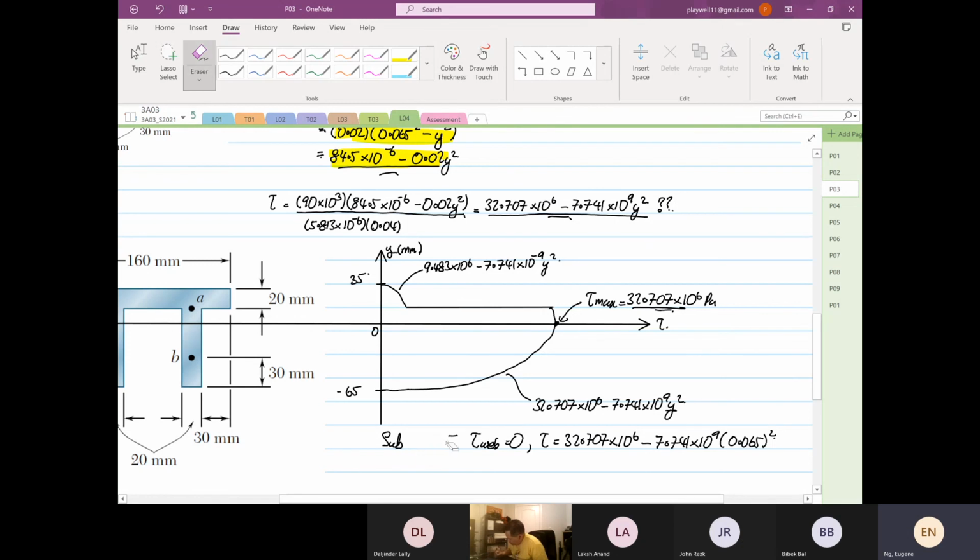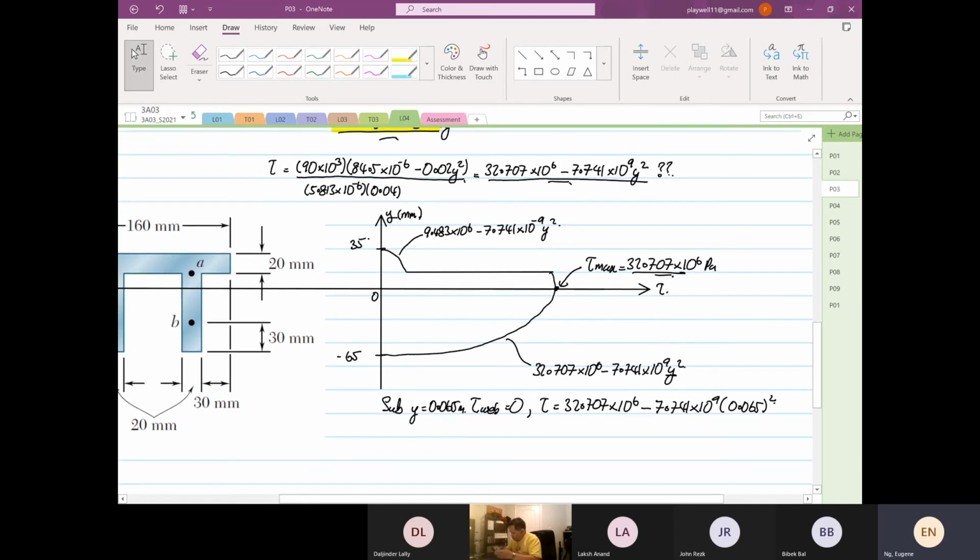Sorry, y is equal to 0.065 meters. So when we do that, 0.065 squared times 7.741 power 9, then 32.707 power 6 minus this is equal to 1275.